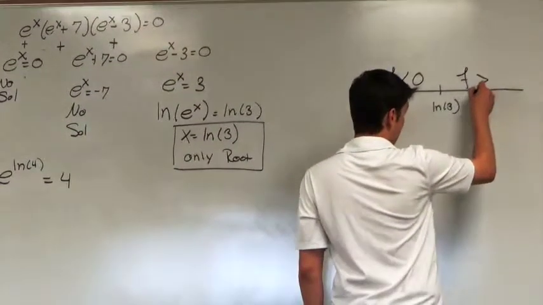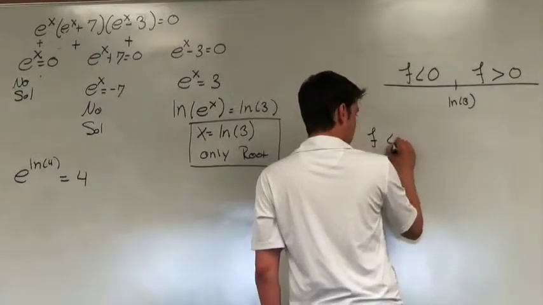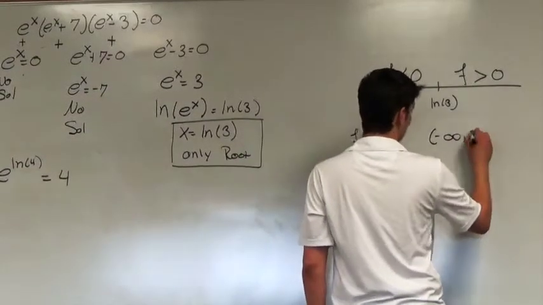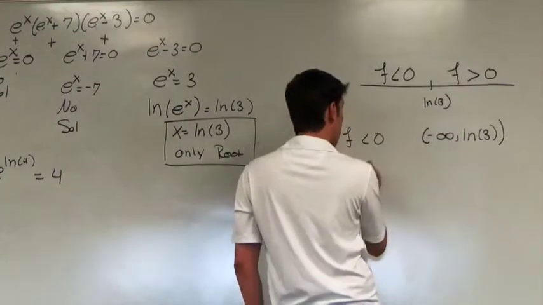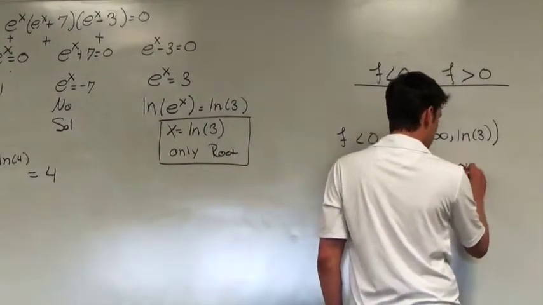The product of three positive numbers is positive. So we can say that f is less than 0 from negative infinity to log of 3, and f is greater than 0 from log of 3 to infinity.